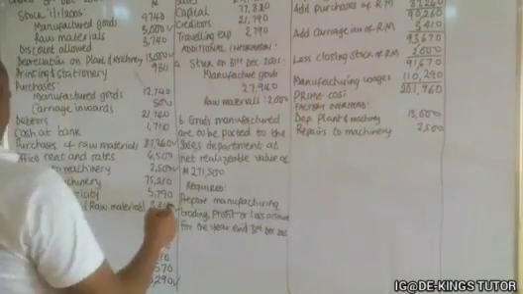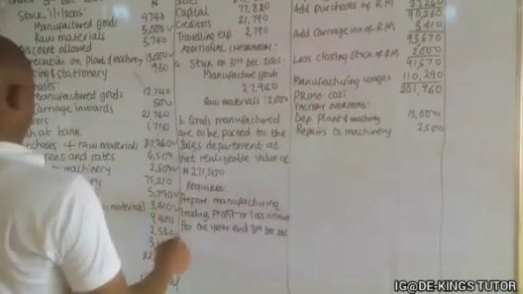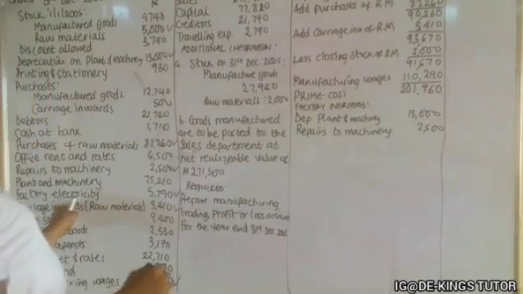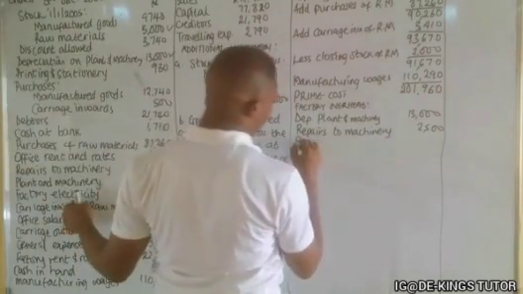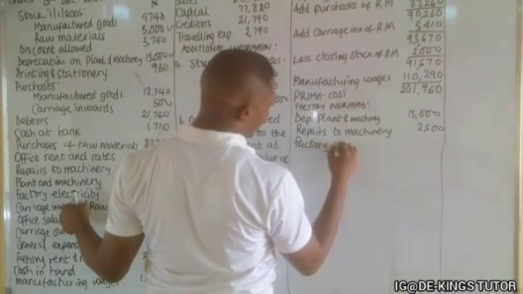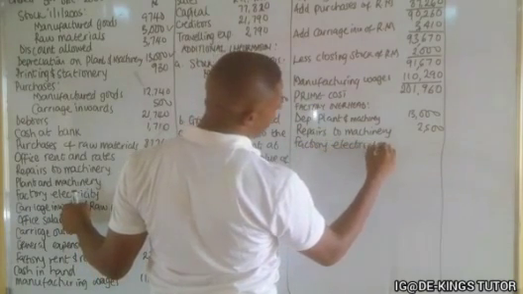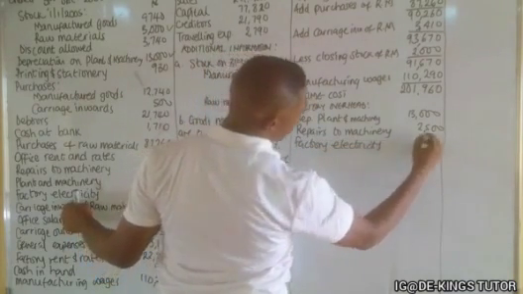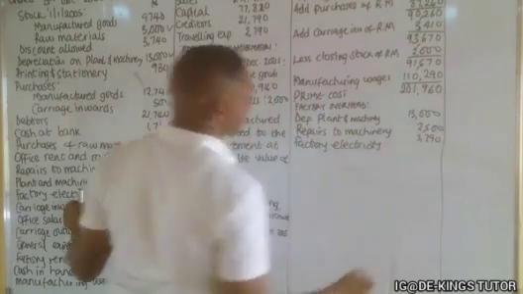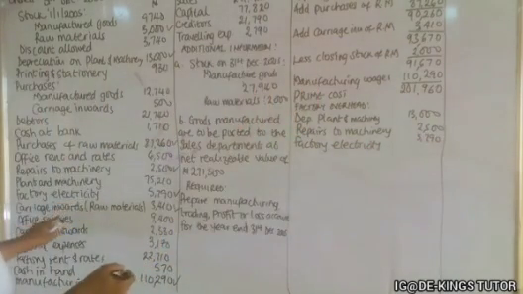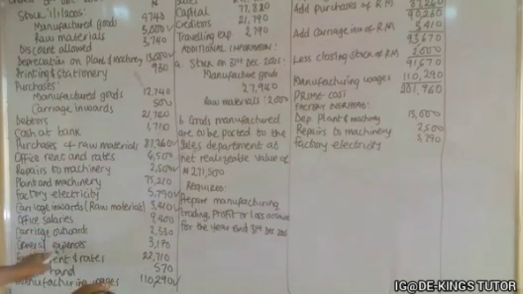So we're going to check another one. Factory electricity, 5,790. We'll check another one.